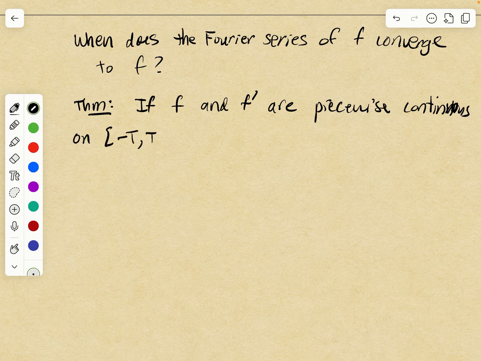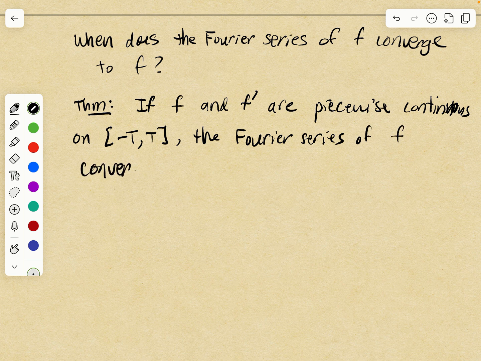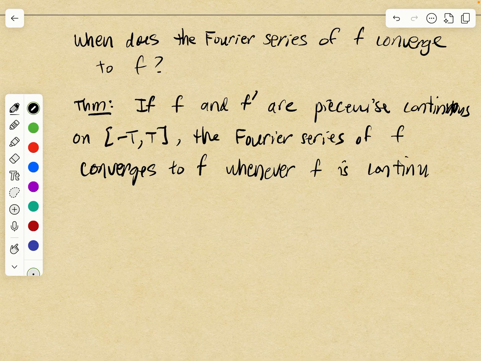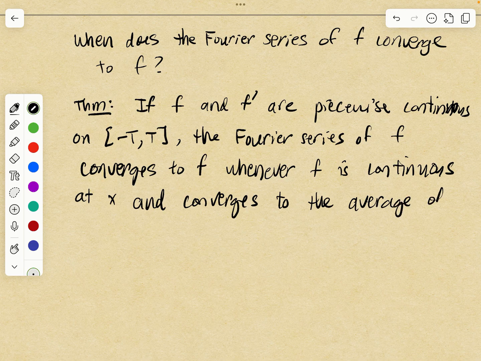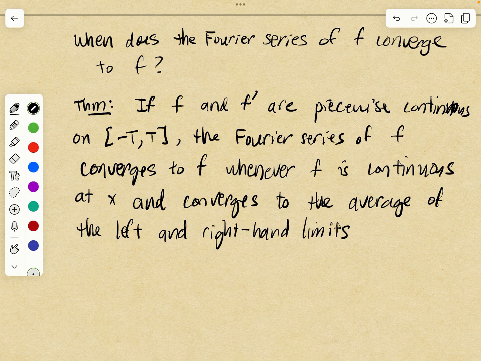On the interval from negative t to t, the Fourier series of f converges to f whenever f is continuous at x and converges to the average of the left and right hand limits at points where f is discontinuous.